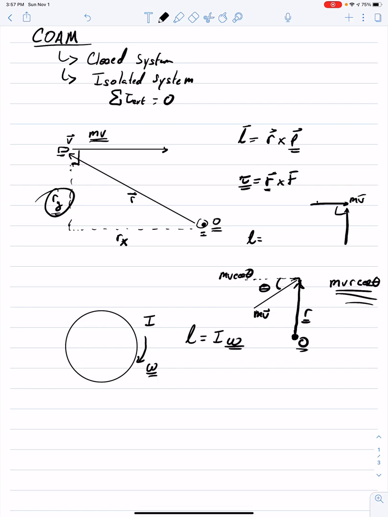Depending on what the object is, like if it's a spherical shell, you can look it up in your table and replace the moment of inertia with 2/3 mr squared, which is the rotational inertia of a spherical shell. And this is just an example, but this is how you find the angular momentum of a rotating object.